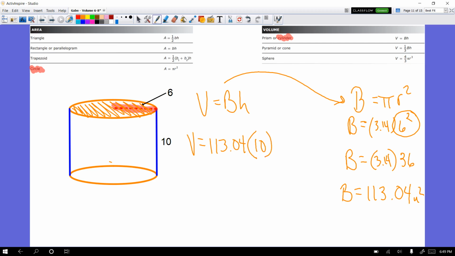So you could use mental math. You could move the decimal 1 time over and have 1,130.4. But I'm going to go ahead and just be thorough and multiply by 10 just to make sure no human error is involved. Cubic units.